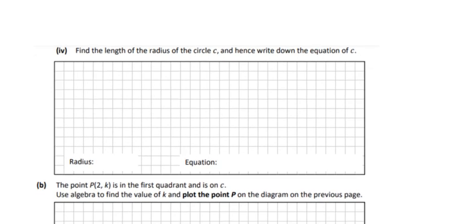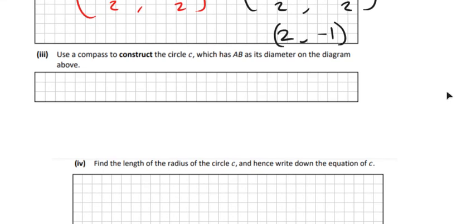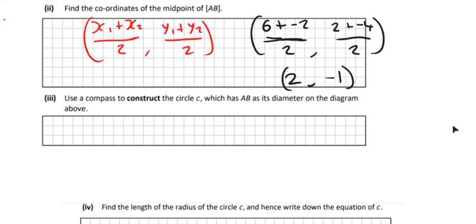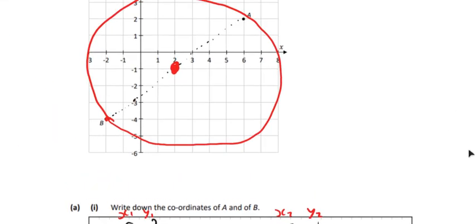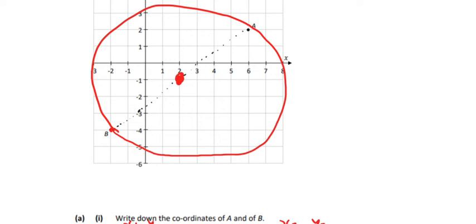Okay, so find the length of the radius of the circle C, and hence write down the equation of C. Right, so the radius of the circle would be from the center point out to here. So it's from the point 2, -1 to -2, -4.